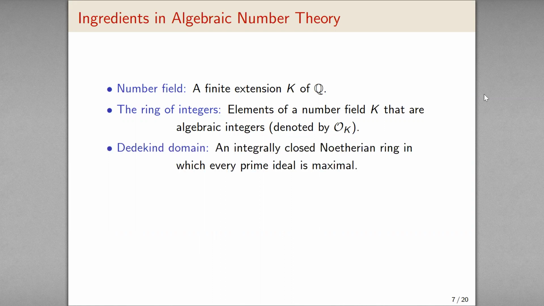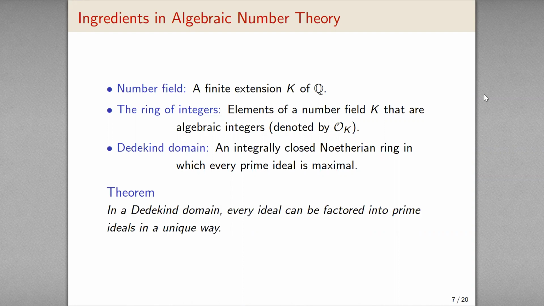And finally, a Dedekind domain is an integrally closed Noetherian ring in which every prime ideal is maximal. Let's clarify what some of these terms mean. A ring R is called integrally closed if it contains every algebraic integer in its field of fractions. And a ring is called Noetherian if every ideal is finitely generated.